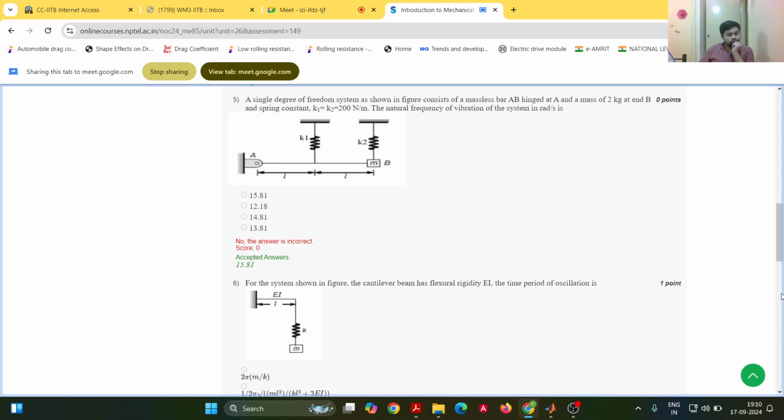Then I add them by vector addition, k1 x1 plus k2 x2 plus m x double dot is equal to 0, and then I will use the formula that x is equal to l theta. So I want to know where I am going wrong, sir, here.